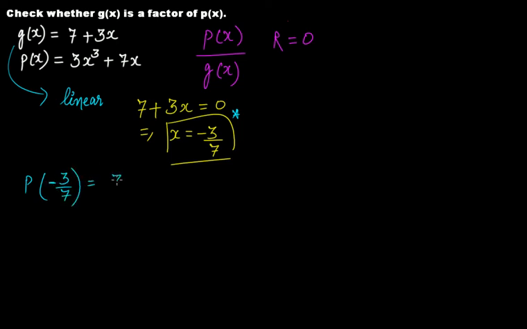So p(minus 3 by 7) is equal to 3 multiplied by minus 3 by 7 whole cubed plus 7 multiplied by minus 3 by 7.